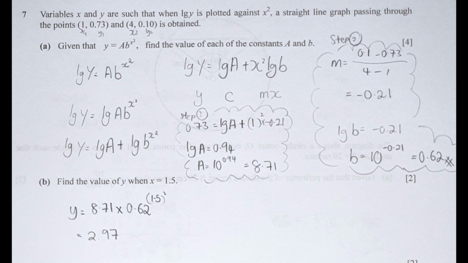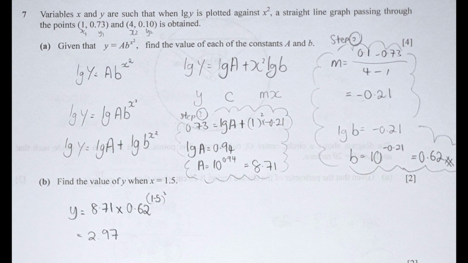So you now will have log y equals log a plus x squared log b. Each of them actually represents part of the line's equation. So we have y equals mx plus c. Our mx here is actually x squared log b, and our c is actually log a.